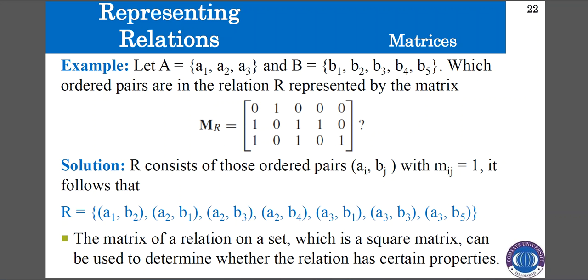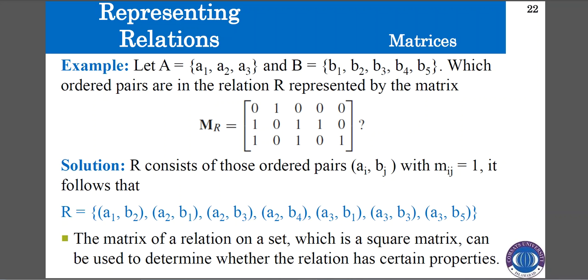Which ordered pairs are in the relation represented by the matrix? Dear students, one point that I missed earlier: the elements of set A are represented as rows and the elements of set B are represented as columns in the matrix.